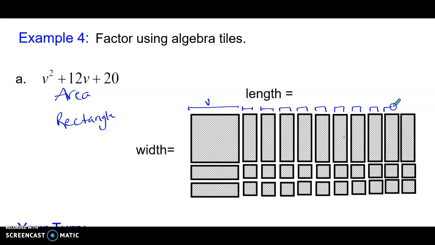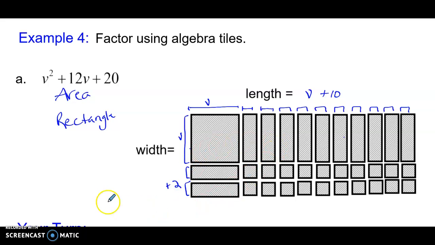So it would be one V tile and 1, 2, 3, 4, 5, 6, 7, 8, 9, 10 unit tiles long. Our width would be a V tile long and then 2 unit tiles wide.